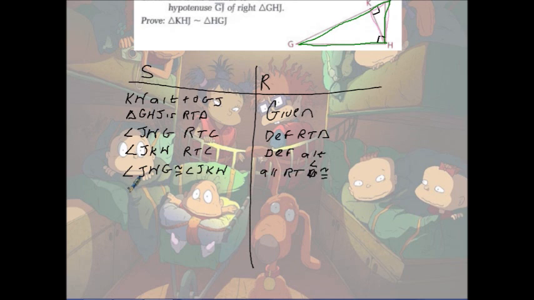It's at angle J. Let's say angle KJH, which is part of the smaller triangle, is congruent to angle GJH by reflexive. I'm going to mark that in. Now I have two sets of congruent angles, so I can say triangle KHJ is similar to triangle HGJ by angle-angle similarity.